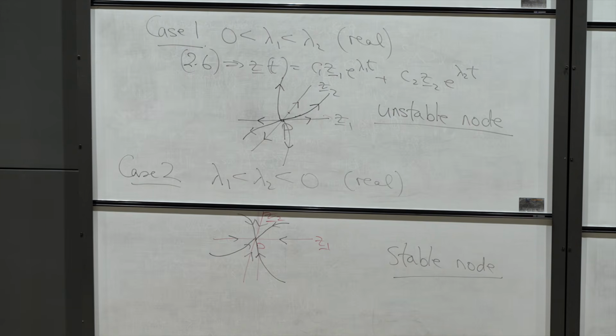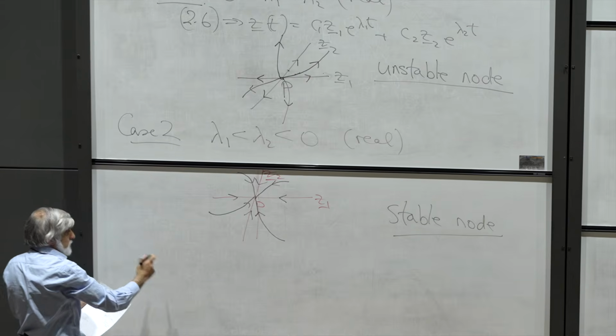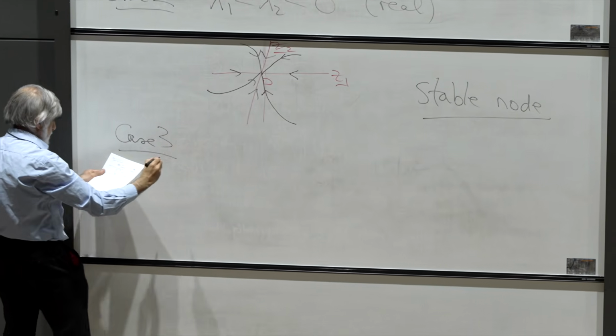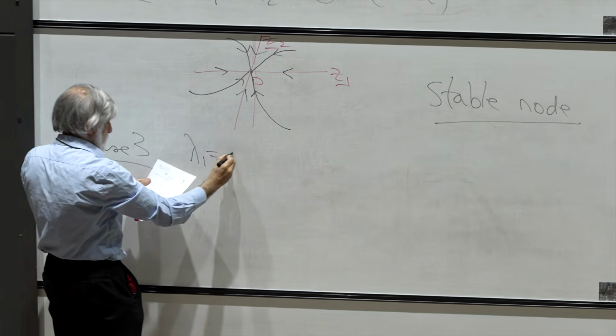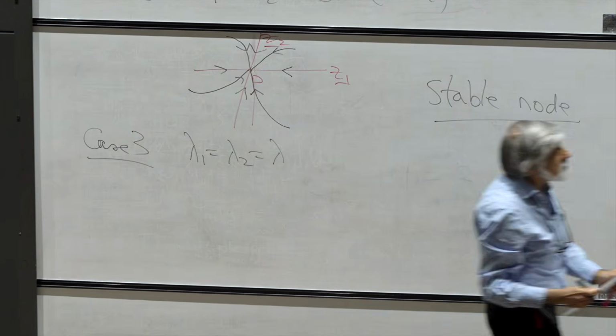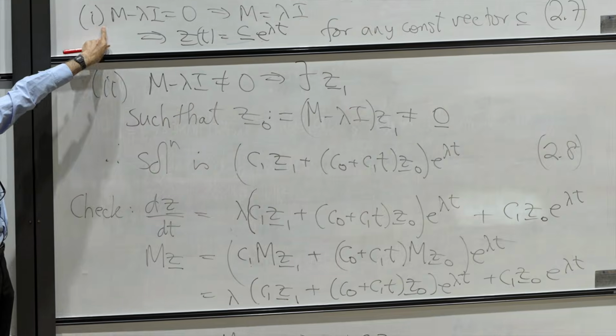So now what happens if they're equal to each other? Lambda 1 equals lambda 2, call it lambda. So this is what we had here. And then we had 2 subcases.